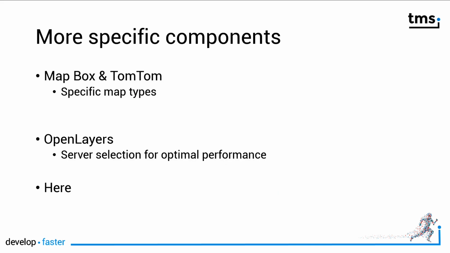And last but not least, in the last couple of months, TMS added more specific components for Mapbox and TomTom to support their special map types, and OpenLayers offers service selection for your map server where the map pieces are being retrieved, and Here has truck-specific routing instructions, so you can generate routes that are specific for logistic purposes.